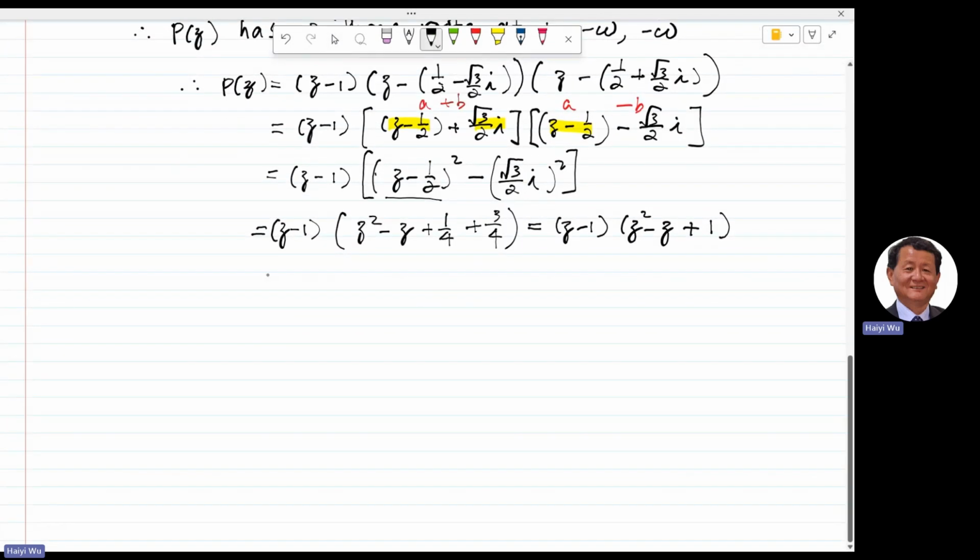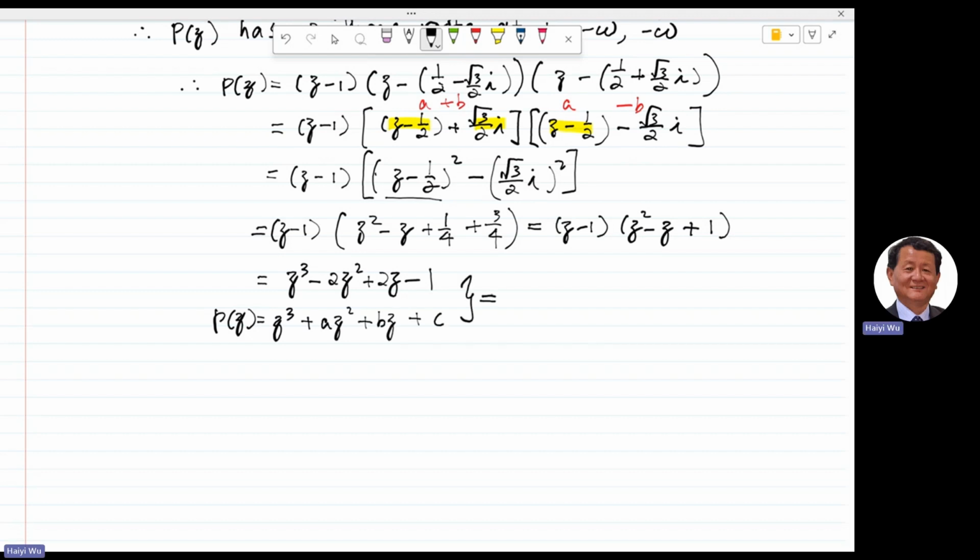We expand the bracket into a cubic function. P of z is z cubed plus a z squared plus b z plus c. So therefore my a will be negative 2, b will be 2, and c is negative 1. So we solved the question.